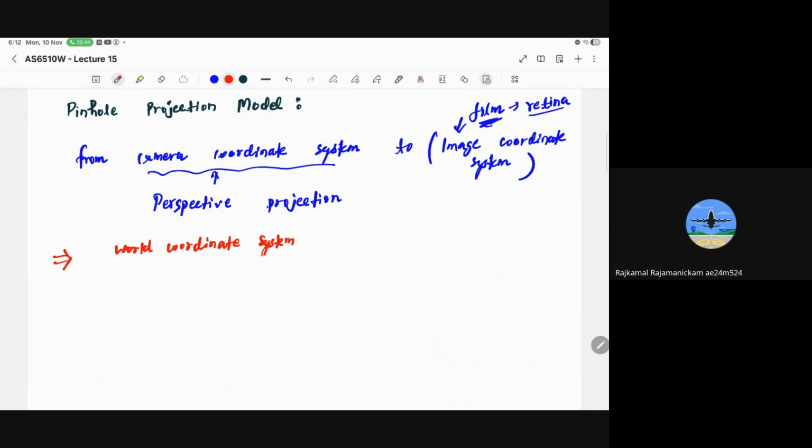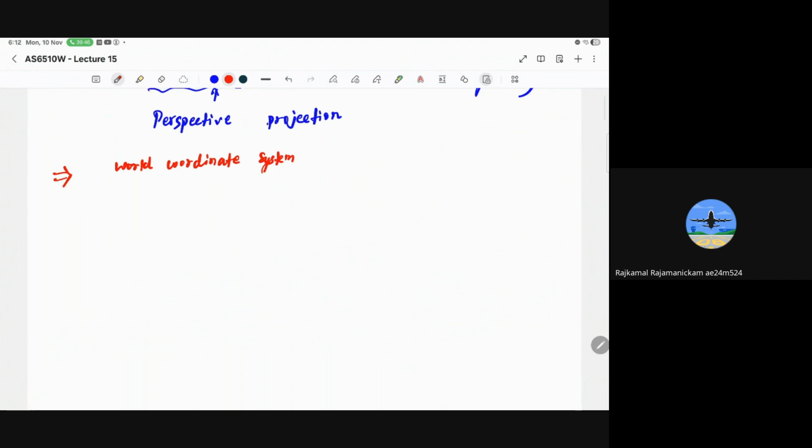For a particular point in world coordinate system, that is represented by xw, yw, and zw. So whatever point you are considering in world coordinate system or physical coordinate system, that is going to have three coordinates xw, yw, and zw.